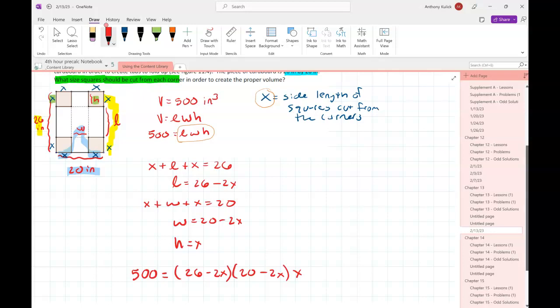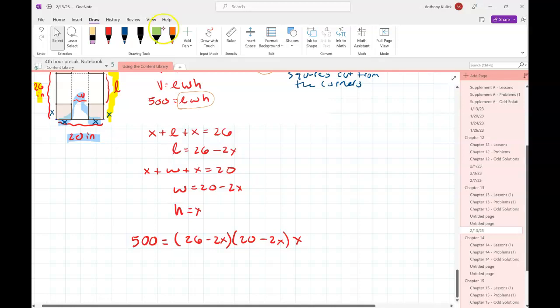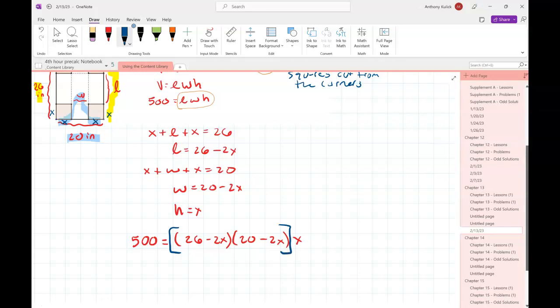So now all I need to do is solve this equation for x. What should I do to do that? Yep, got to multiply it all out. I would start by foiling those two pieces first.